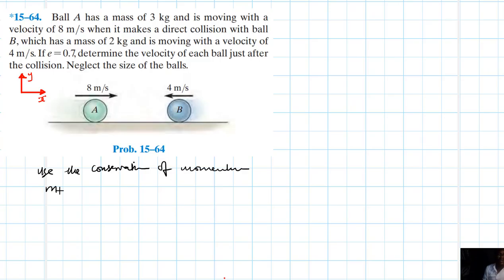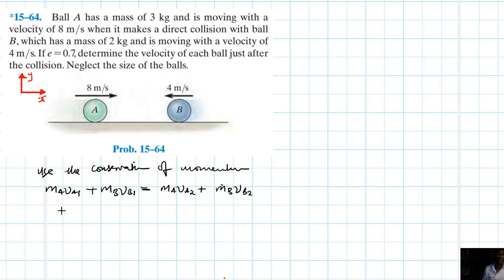So we are saying mA vA1 plus mB vB1 is equal to mA vA2 plus mB vB2.